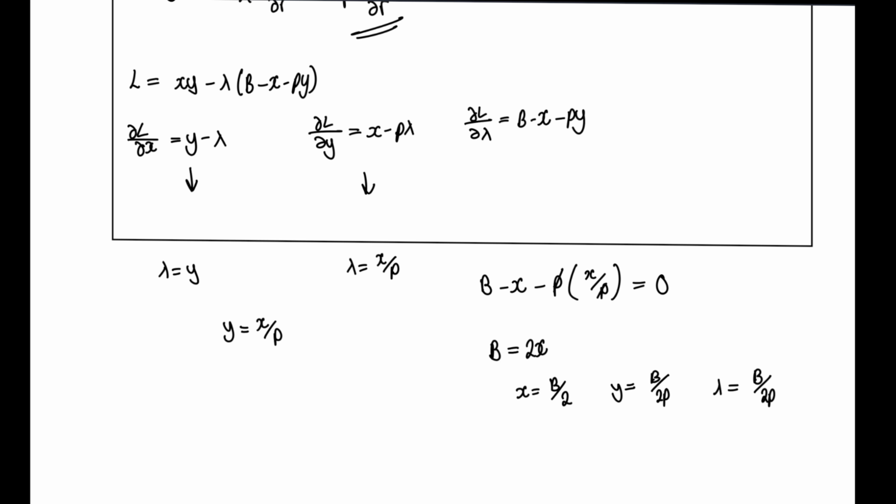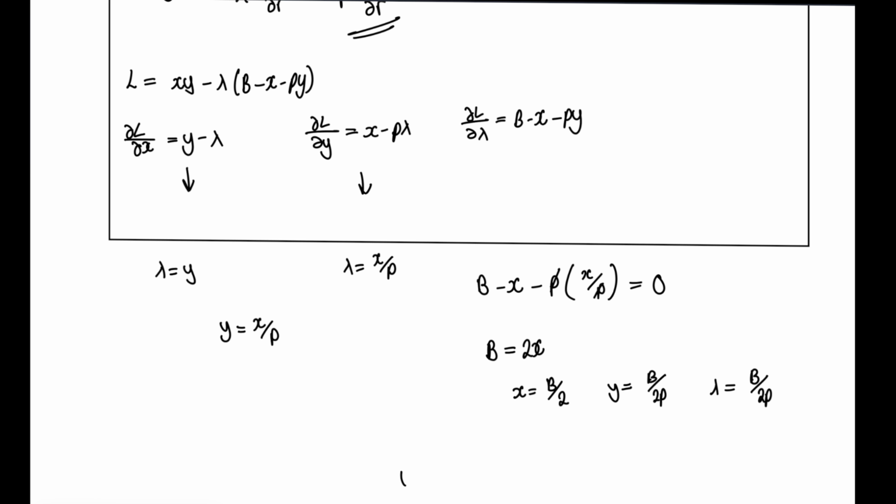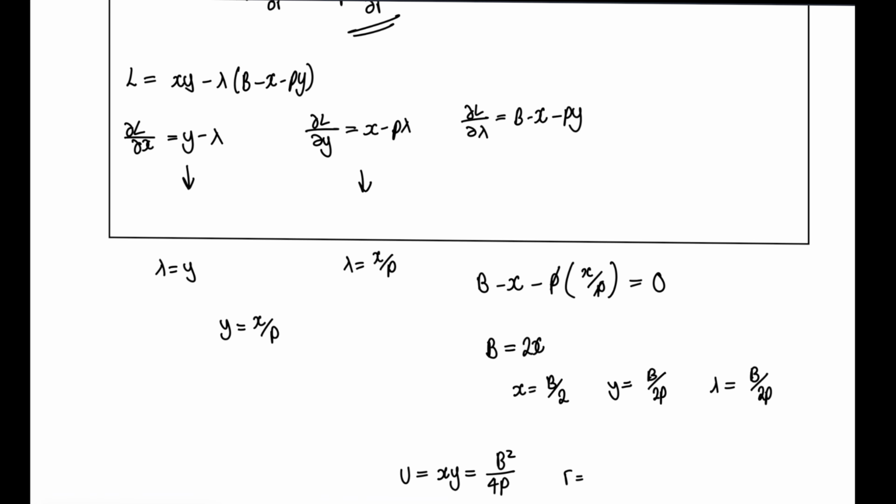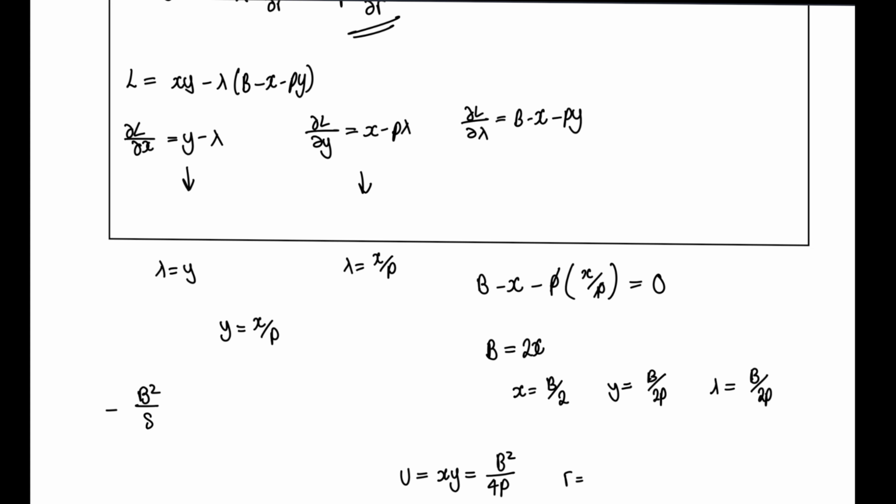To now change this to our u, r coordinate system, u was equal to x multiplied by y, which is equal to b squared over 4p, and then r was minus x squared over 2 plus y squared over 2. So that would give us minus b squared over 8 plus b squared over 8p squared.